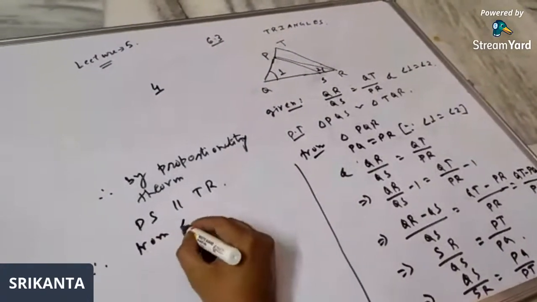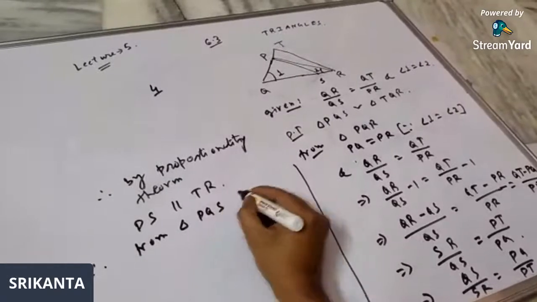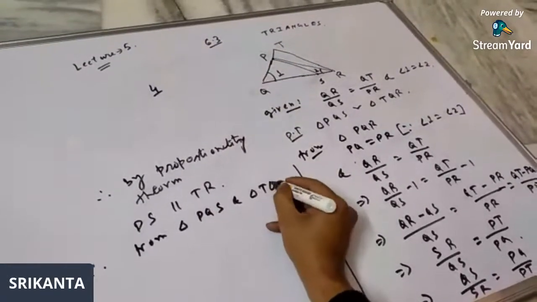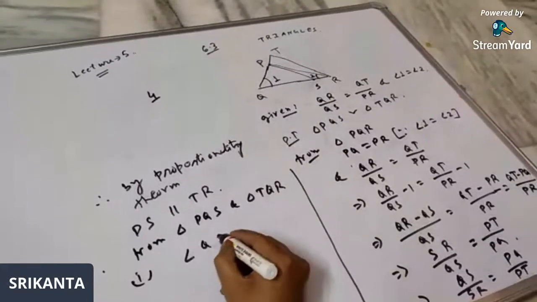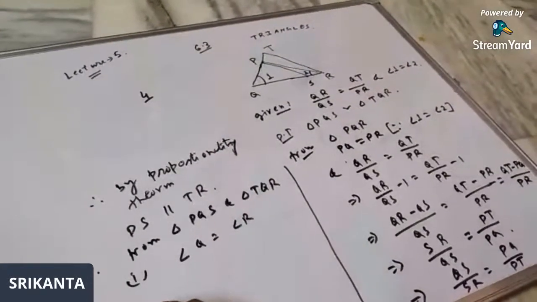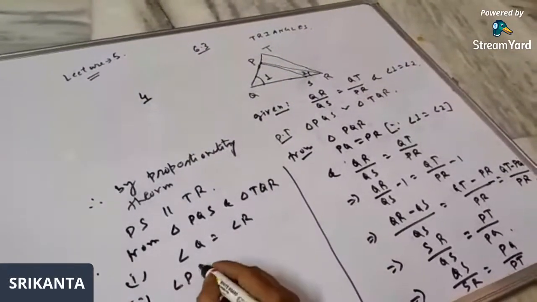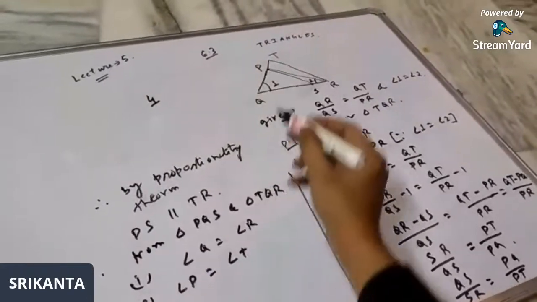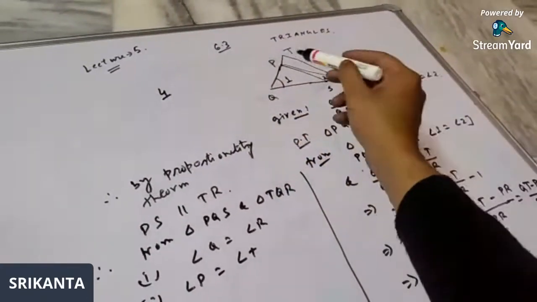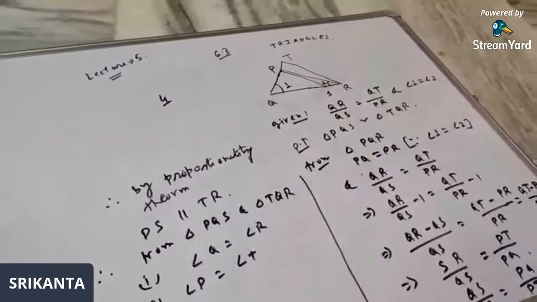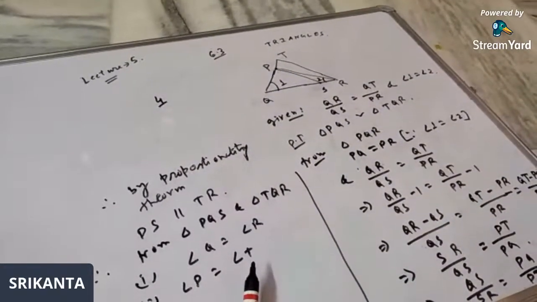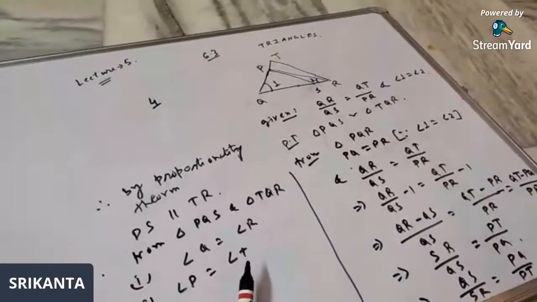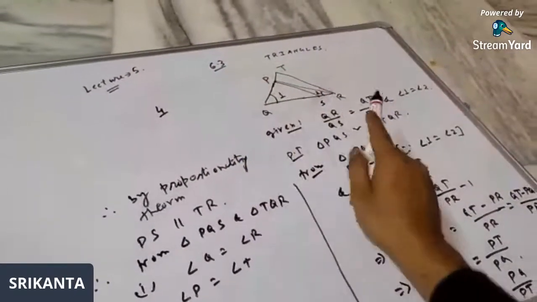So from triangle PQS, triangle TQR, what we have? Number 1, we have angle Q is equal to angle R. Number 2, we have angle P is equal to angle T. Why? As you can see, angle P is equal to angle T because PS parallel TR.